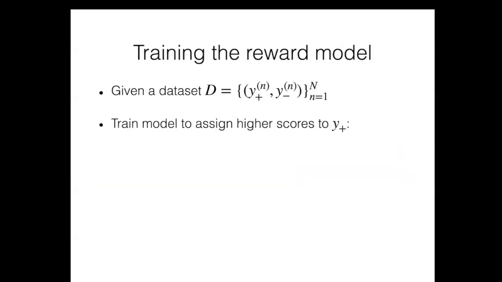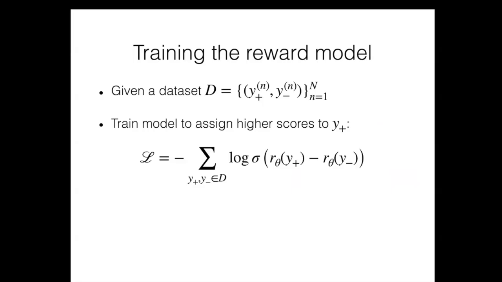Okay, so now we want to think about how you train this reward model. When you think about it, we have this preference data, and this isn't just a normal classification task. So we have to think about what loss function you use if you want to train this reward model.